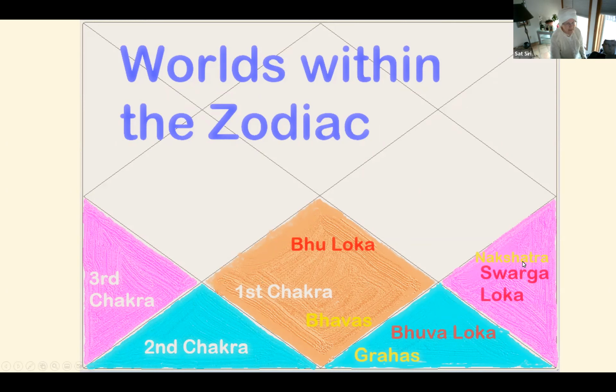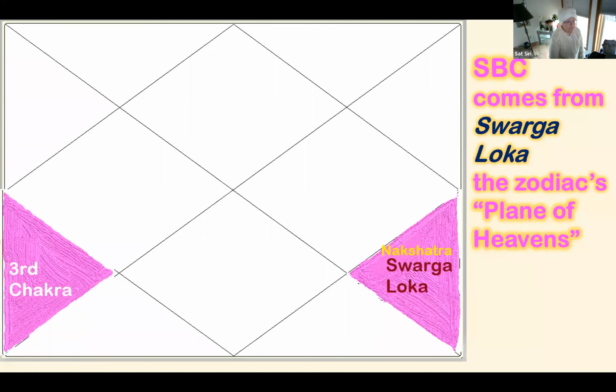So that's why this Sarvatobhadra Chakra is so powerful and so strong, because it is showing the movement of planets in the nakshatras. Destiny is being determined at this level of Swarga Loka, and it can only be changed and overridden from the higher spiritual realms of the higher chakras.